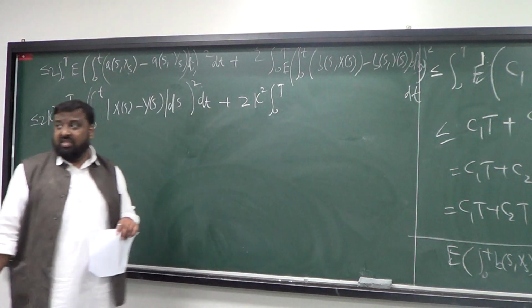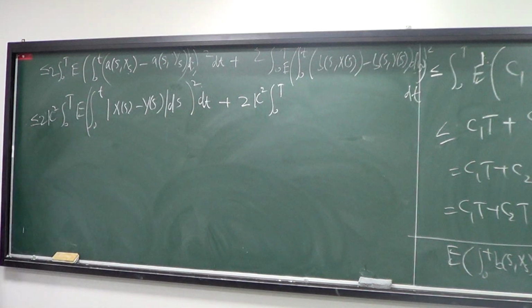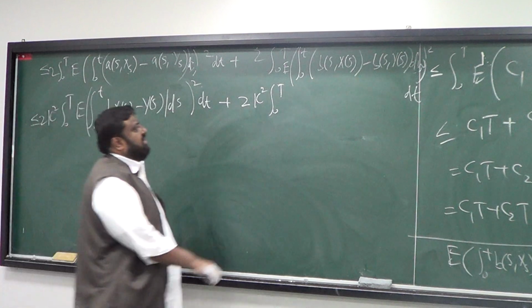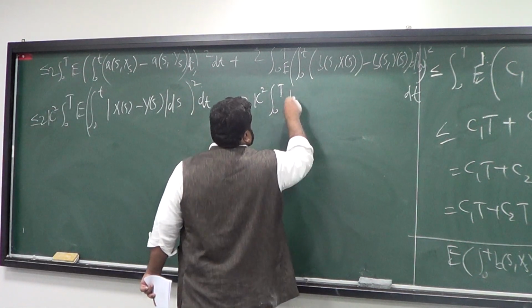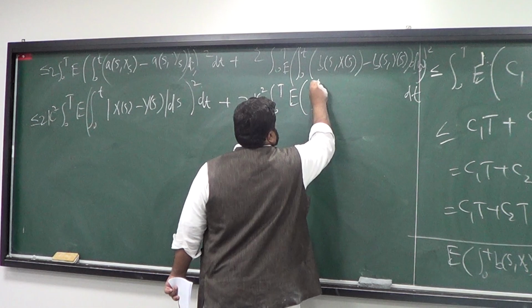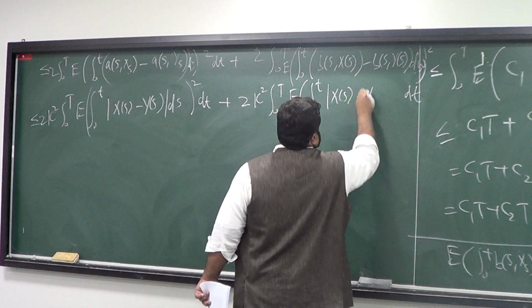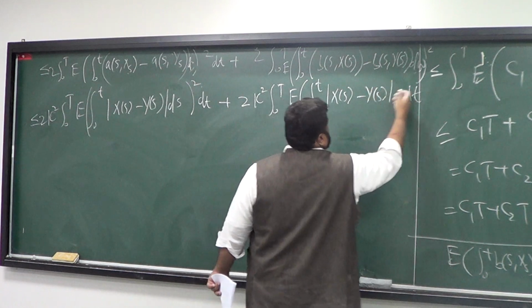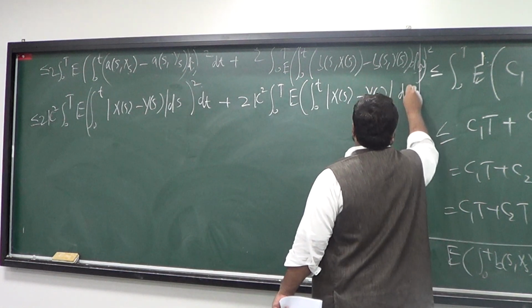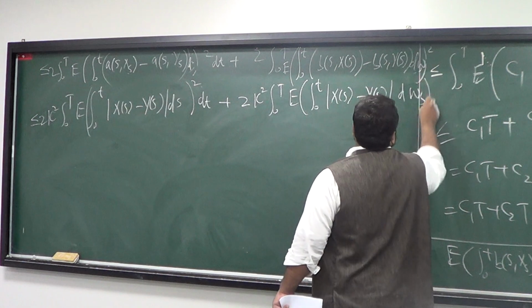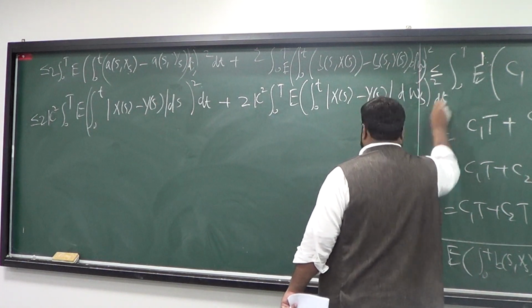If you see the assumptions we have the same k for both actually. So you have this: the expectation of the integral 0 to t of X(s) minus Y(s) dW(s) square, and right.